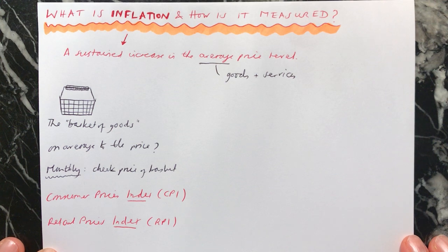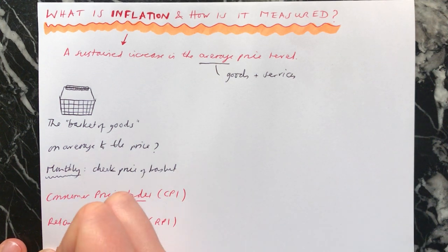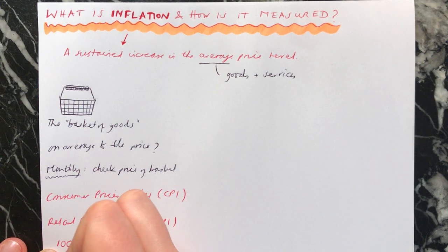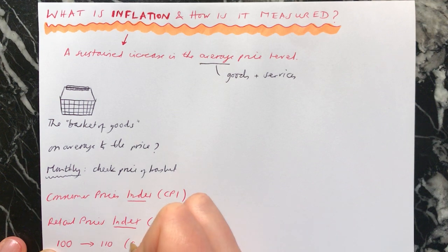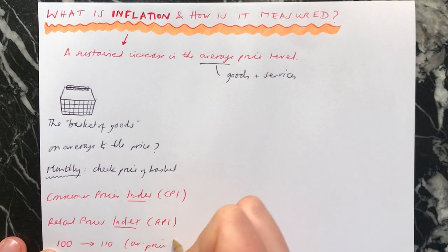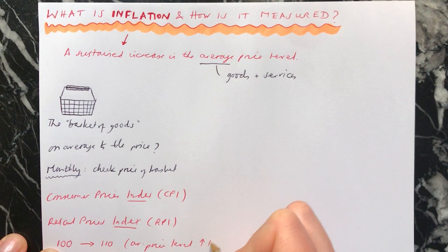But what this means is that you are always comparing to a certain year, a base year, when your rate was 100. If, let's say, in the new month, it's now 110, this means that the average price level has gone up by 10%. If it went up to 115, this would mean the average price level has gone up since this base year by 15%.